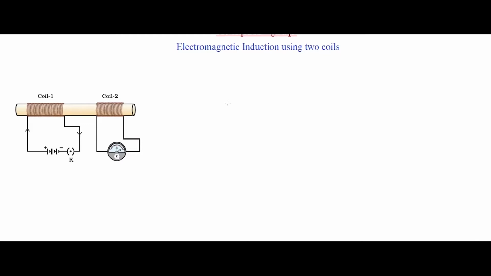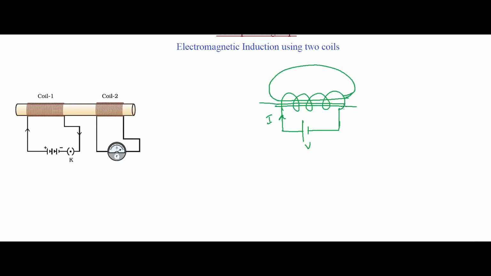As we have already seen in a previous session, if there is a coil connected to a cell, and current is passing through the coil, then a magnetic field is developed inside and outside of the coil. This magnetic field is very similar to that of a bar magnet.